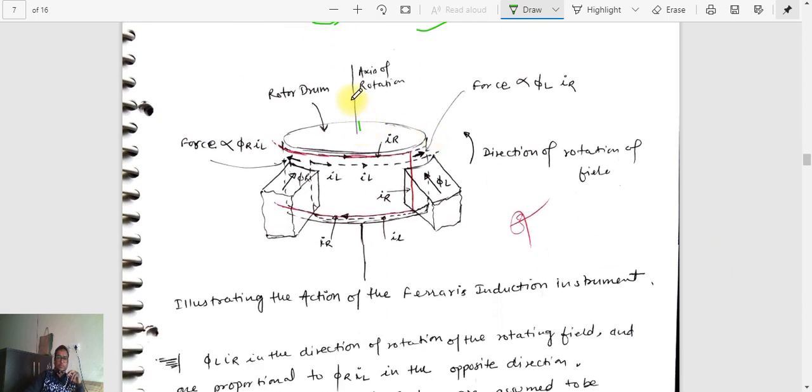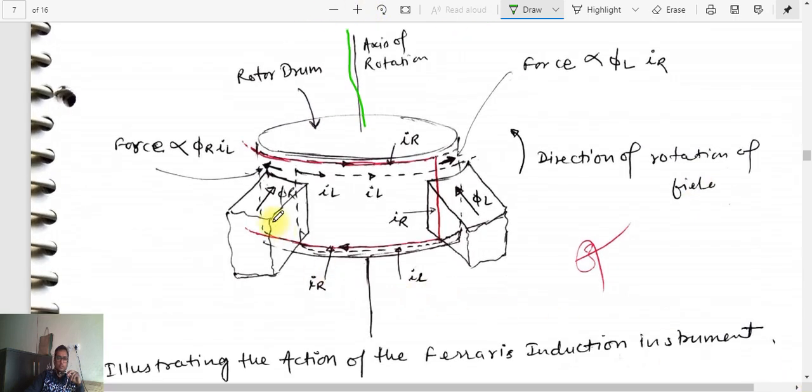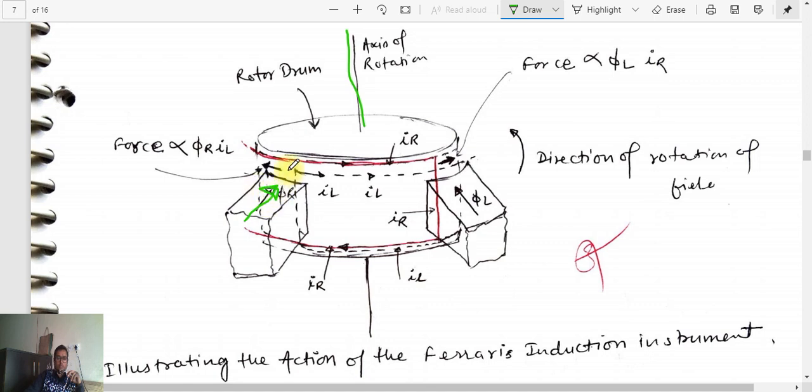This is the axis of rotation. This is the rotor drum. We can check here. This is the flux phi R, which is working like this, and this is the rotor drum, and it is rotating.